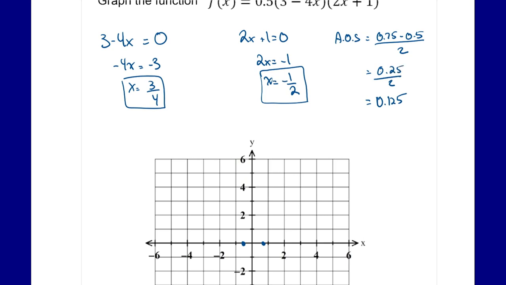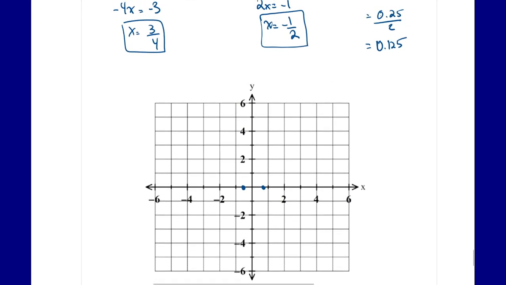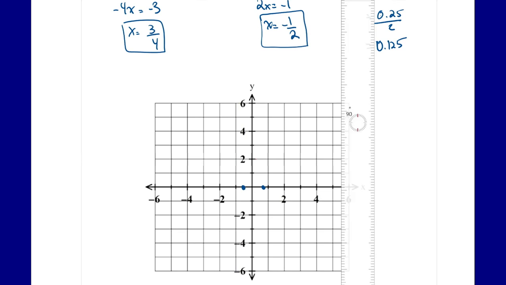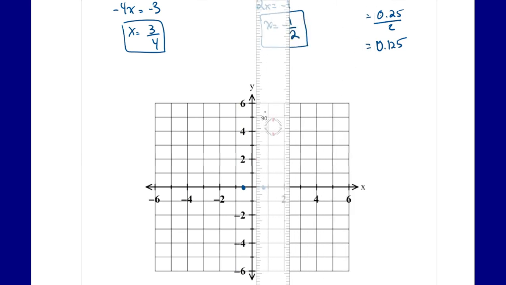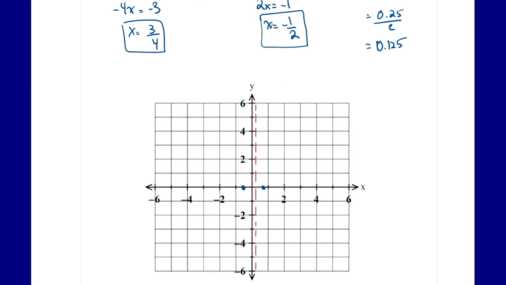So that's our axis of symmetry. That means at 0.125, somewhere about here, maybe I'll draw my imaginary line, maybe somewhere around there. Again, this won't be accurate just because of the values. But now I have my axis of symmetry.